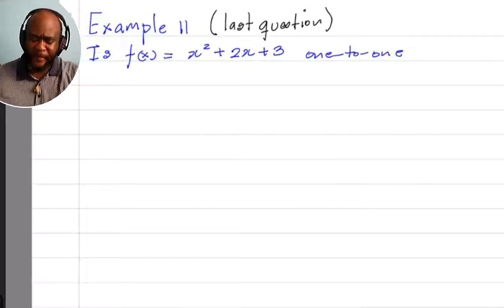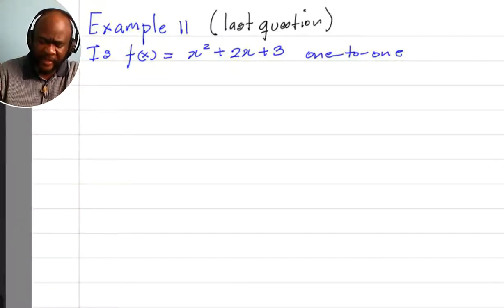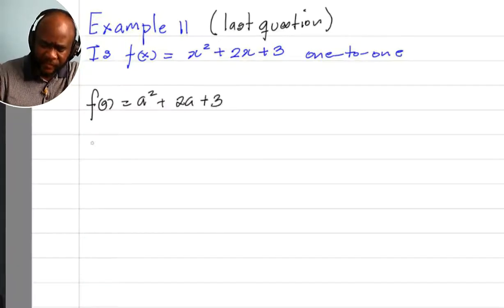All right. This is example 11, and this is the last question in this section. Is f of x equal to x squared plus 2x plus 3 1 to 1? Let's try the calculation method. F of A would be equal to a squared plus 2a plus 3.